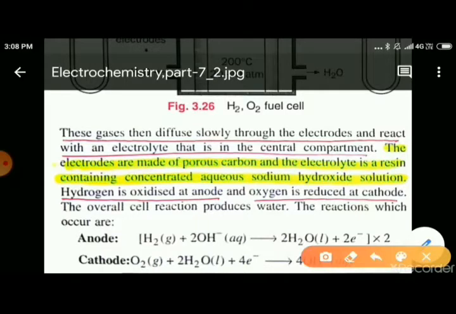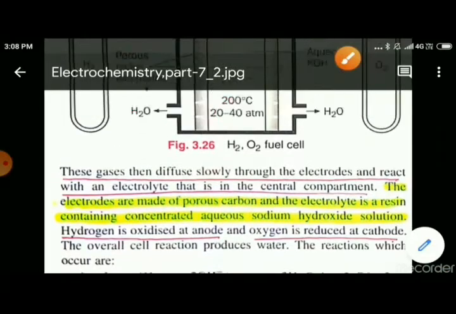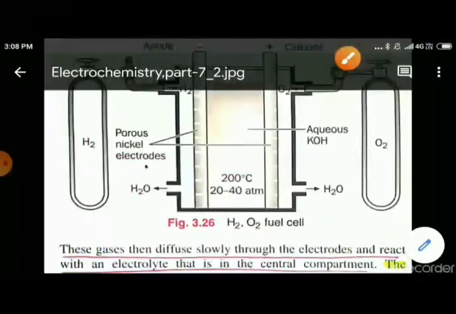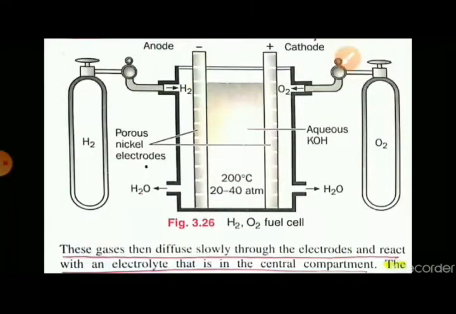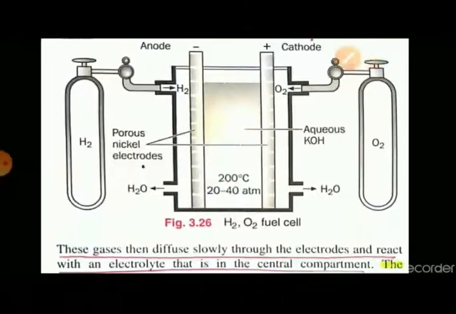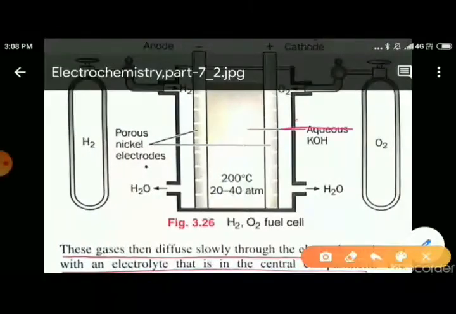Hydrogen is oxidized at the anode and oxygen is reduced at the cathode. So in this figure, oxygen moves towards the cathode and hydrogen towards the anode.